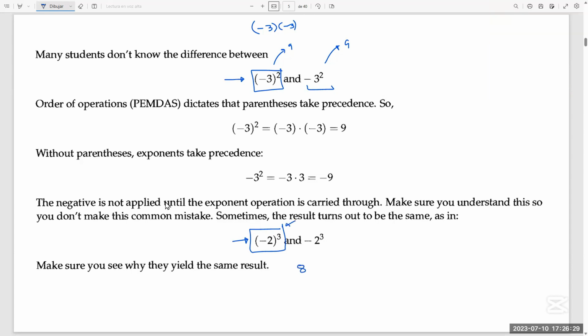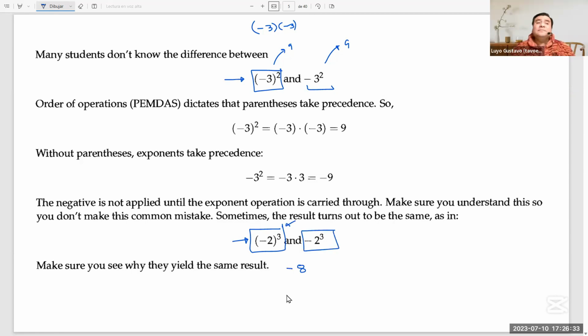I'm sorry, -8. Very good. And what about this one here? Is it different or the same? It's the same, right? Very good. Both are the same, yes. In this case, because here it means the additive inverse of the power 2 times 2 times 2, which is actually 8, right? So it's -8 in here.